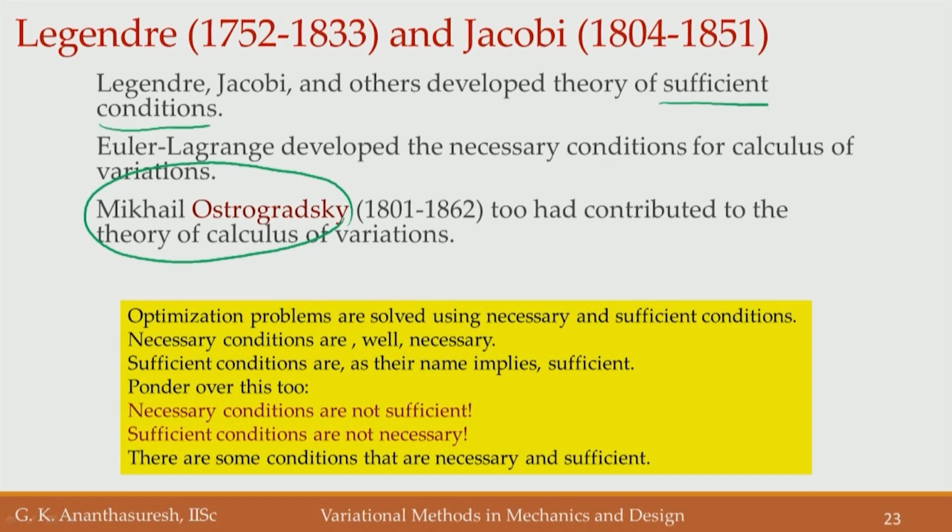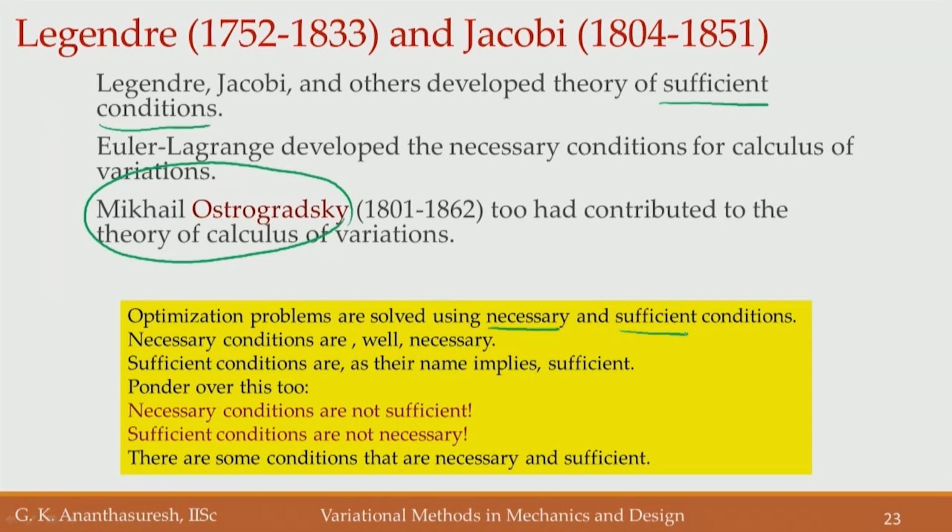Optimization problems always have necessary and sufficient conditions. It is important to understand what they mean. In fact, they do not mean anything more than what they say. Necessary conditions are absolutely needed, and sufficient conditions are sufficient. Necessary conditions may not be sufficient, and sufficient conditions are not necessary.